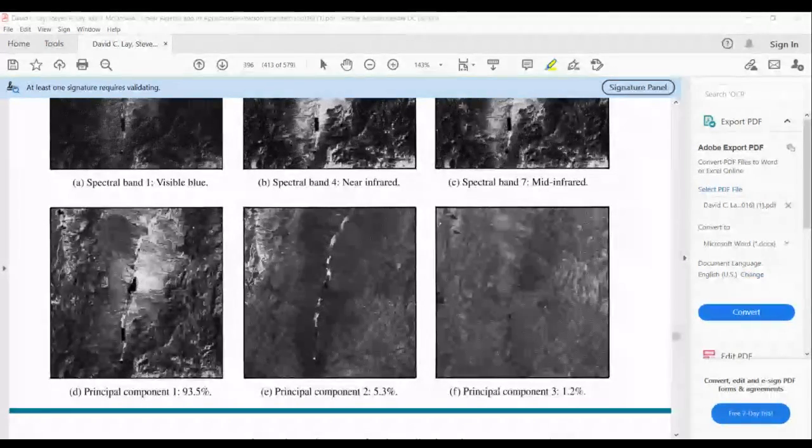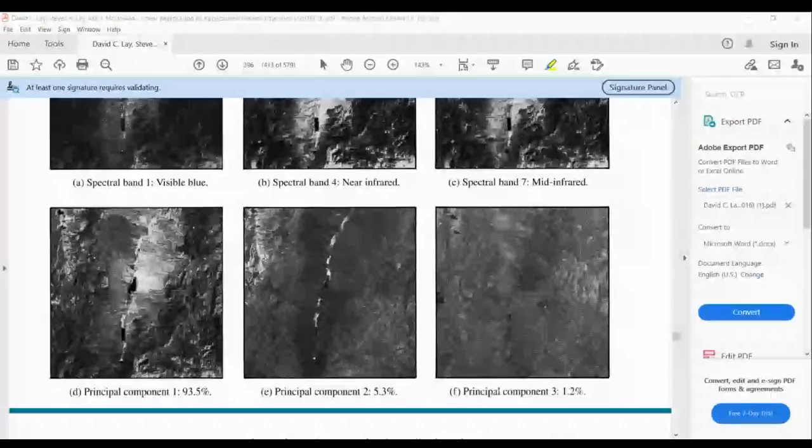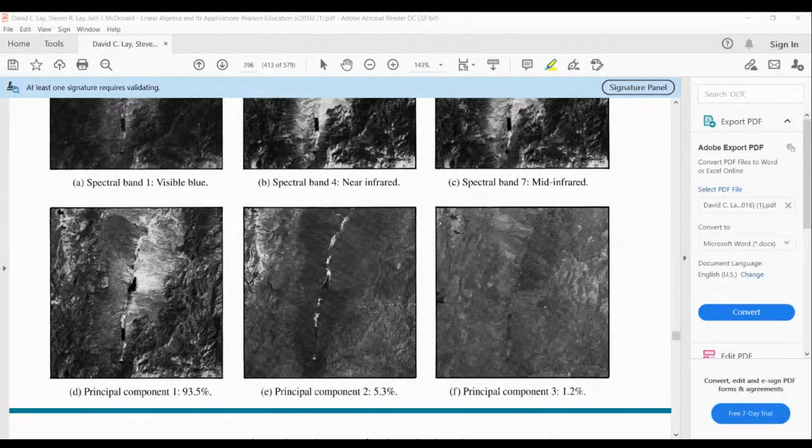If you can reduce the data so that you only need some of it to get a reasonable image, like in D, the photo of the valley, 93.5% of the image is explained by that principal component, which is based off of an eigenvector and eigenvalue, so to speak.